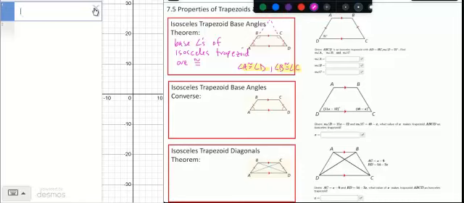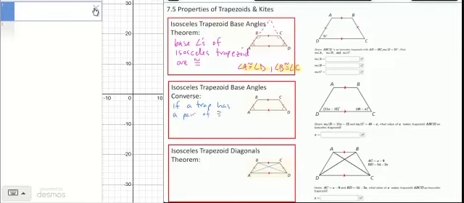And the converse of this also holds true. If you have a trapezoid and it has a pair of base angles that are congruent, then it is an isosceles trapezoid.